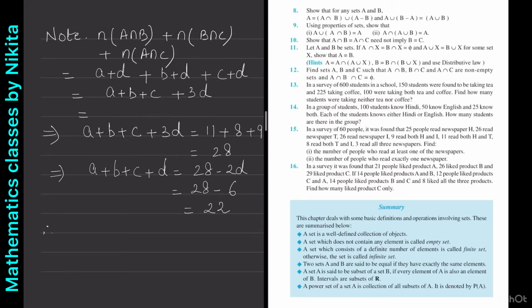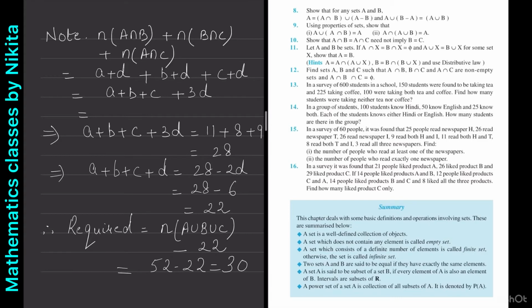So therefore required is equal to n of A union B union C minus 22 which is equal to, from the first part, n of A union B union C is equal to 52. So 52 minus 22 will give you 30.